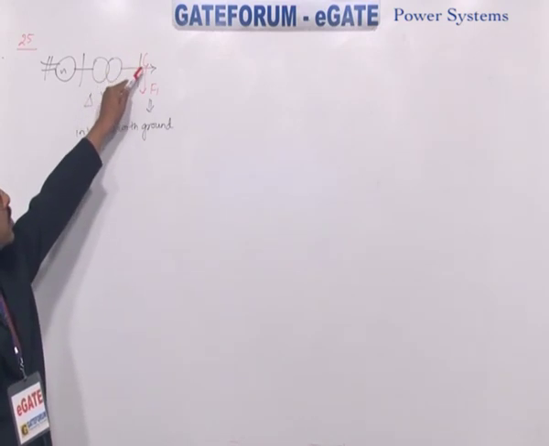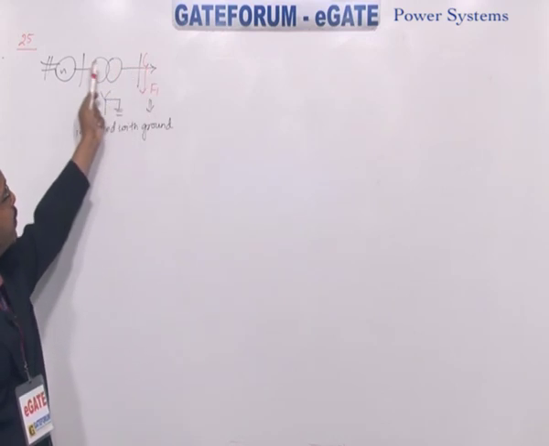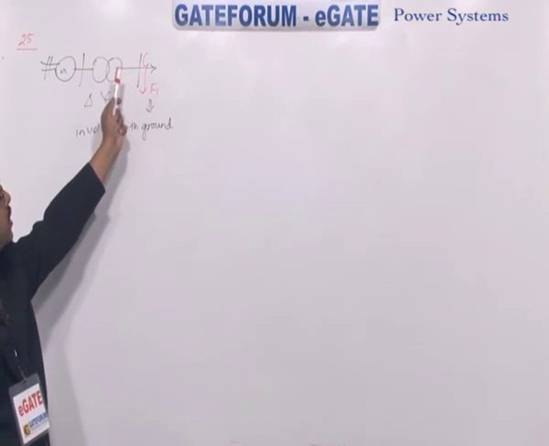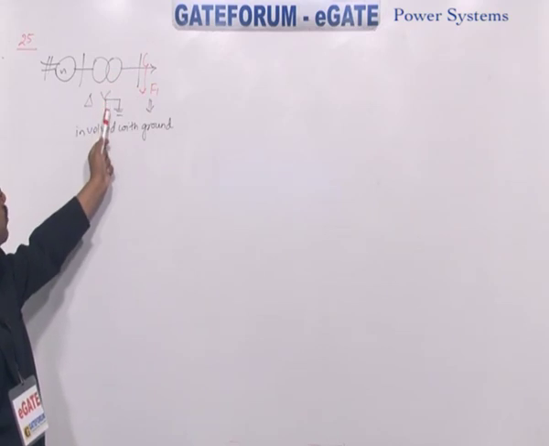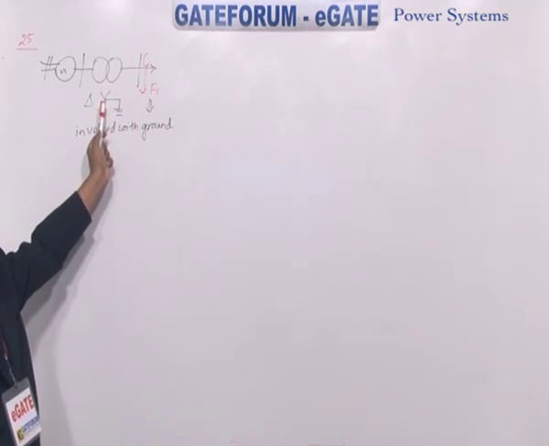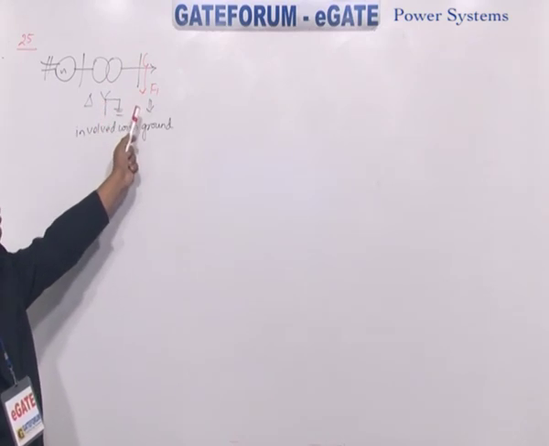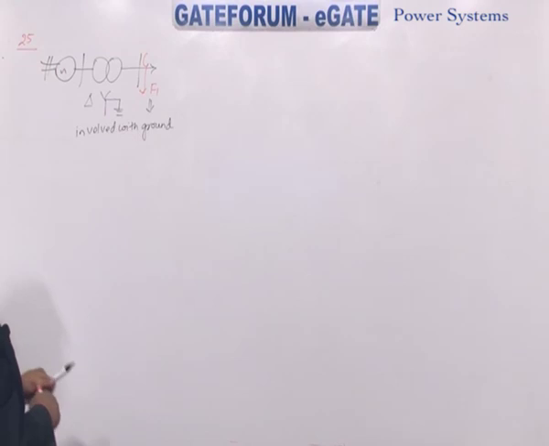It is on the line side of the step-up transformer. The secondary side of the step-up transformer is solidly grounded, so fault F1 must be involved with ground.